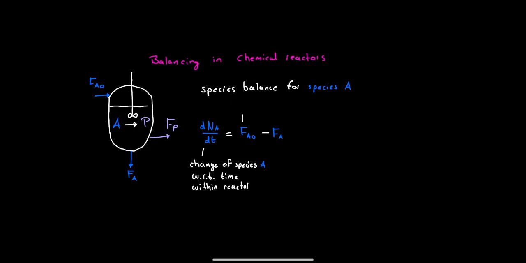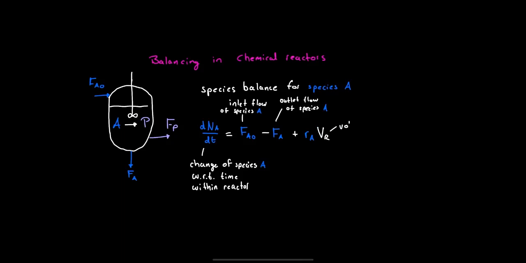So let me write that down for you. Fa0, inlet flow of species A, minus Fa, outlet flow of species A, plus the reaction rate of the species A times the volume of our reactor, which is VR.